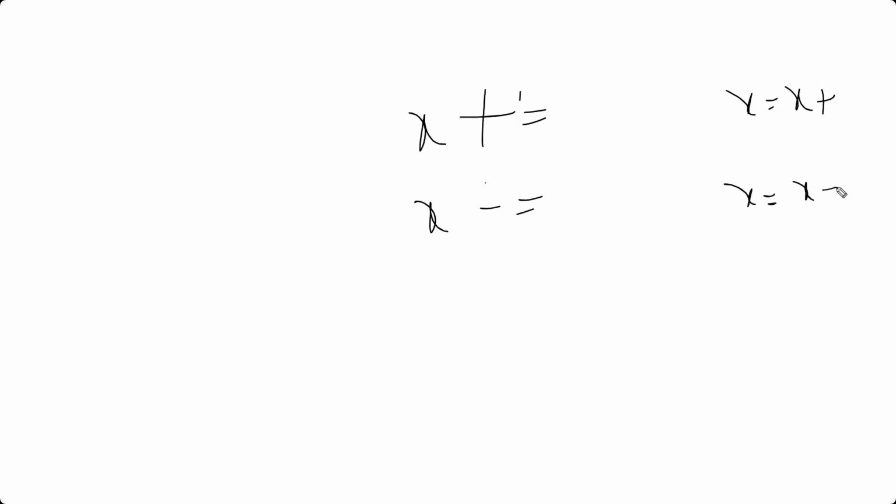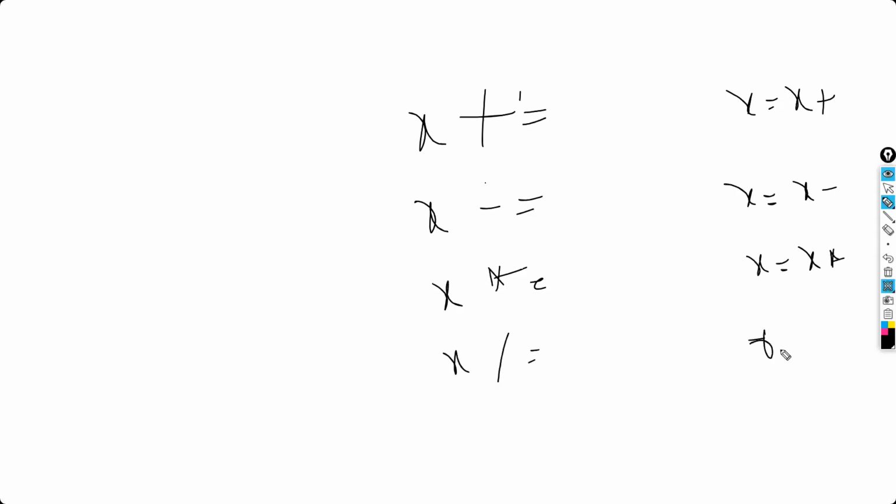So now plus equal to, what is the meaning? x is equal to x plus. x minus equal to, what is the meaning? x is equal to x minus. x into equal to, what is the meaning? x is equal to x into. x divided by equal to, x is equal to x divided by.